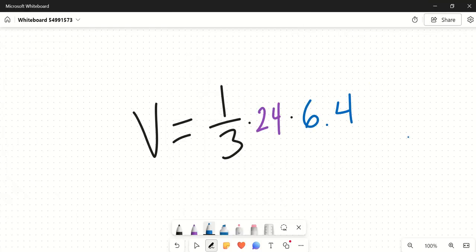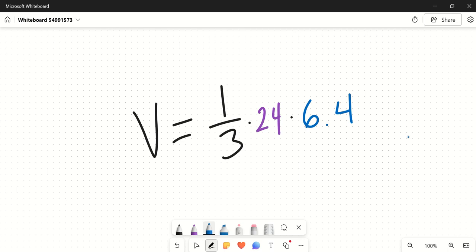So, I've already heard a lot of groups explain, and I heard these two specifically do something. I'm gonna model the way they did it, and I'm gonna model the way I would have done it. Neither one is wrong. They went with the other method of base times height and then divide by 3, correct?